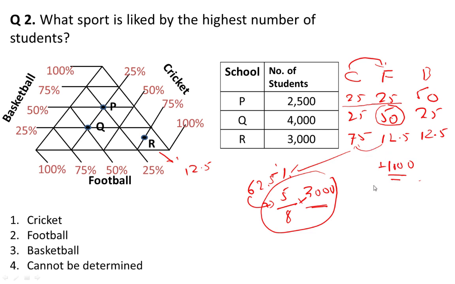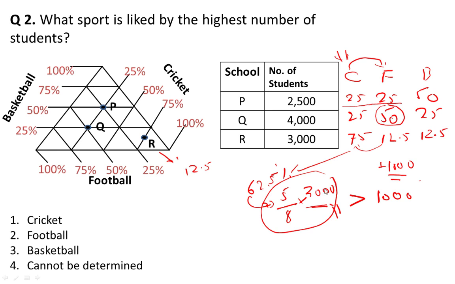Am I clear? In school Q, football is 1,000 more, and in school R, cricket is more than football. So if the cricket excess is more than 1,000, then cricket must be higher than football. By observation I can say that yes, this figure must be greater than 1,000.